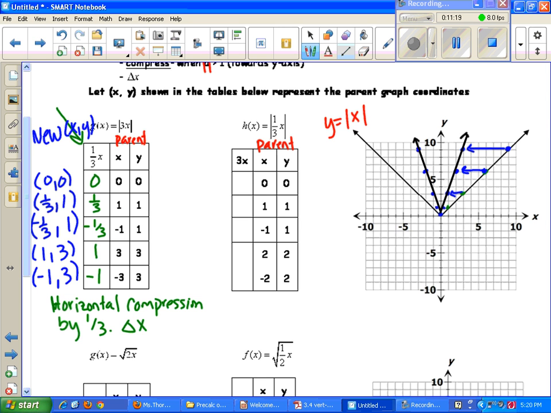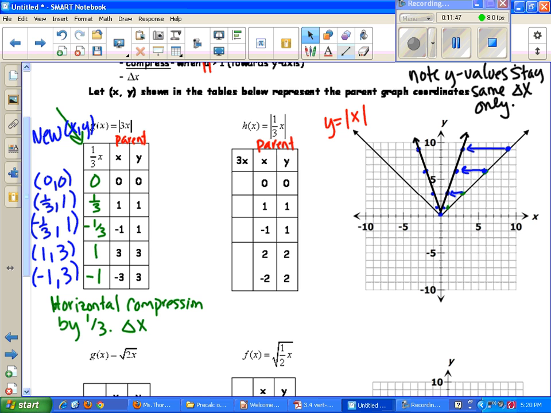And again, notice that our y value stayed the same. We only changed our x value. So I'm going to put that note over here. Note: y values stay the same. Change x only, since we're only doing horizontal stretches and compressions right now.